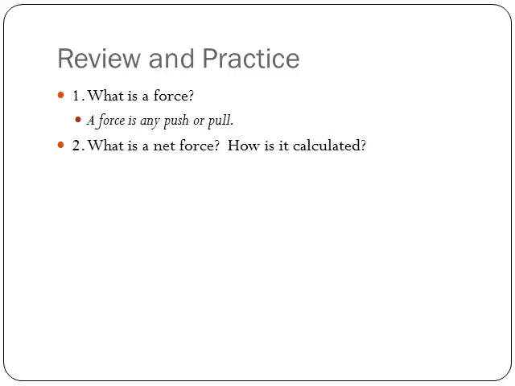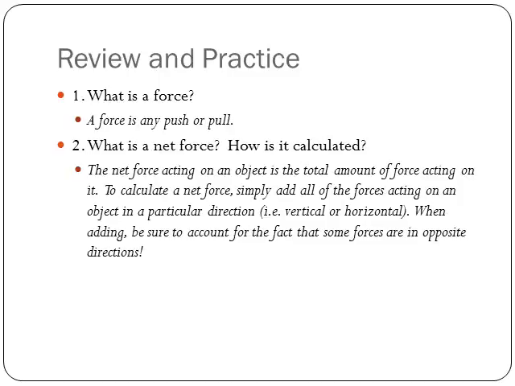Okay, second question. What is a net force, and how is it calculated? So a net force, the net force acting on an object is simply the total amount of force acting on it. To calculate a net force, simply add all of the forces acting on an object in a particular direction, meaning vertical or horizontal. And those are all the examples that you saw in this video here.